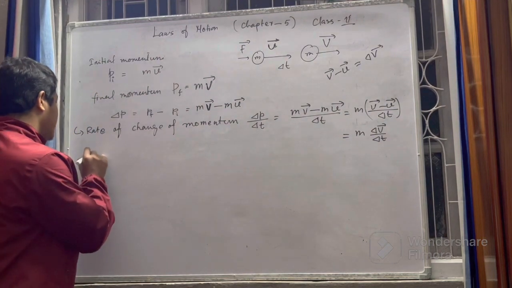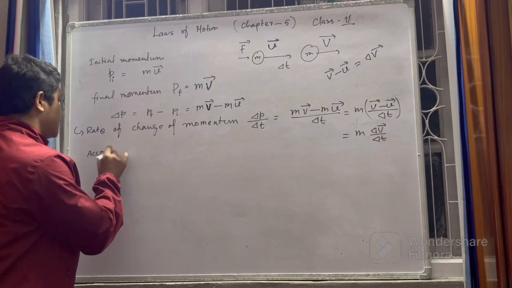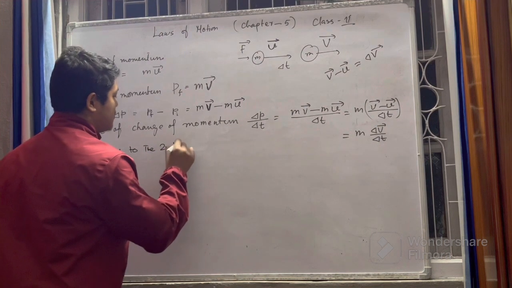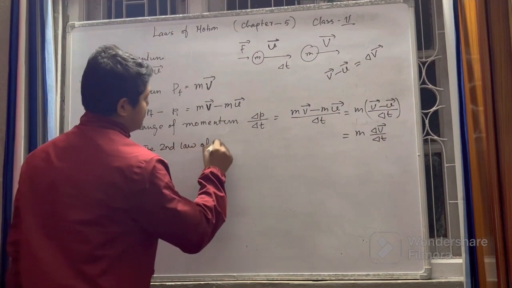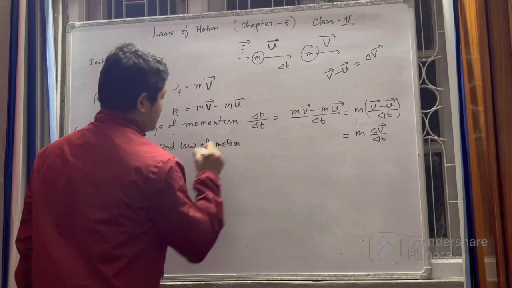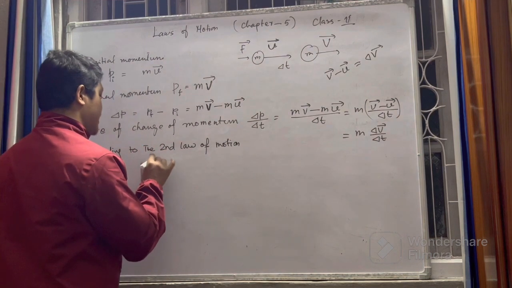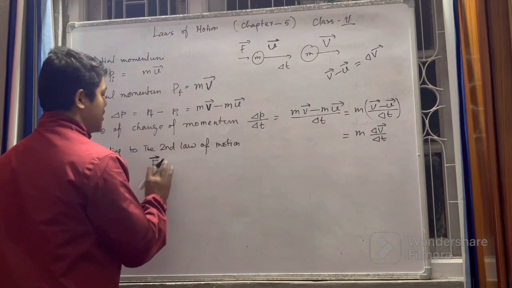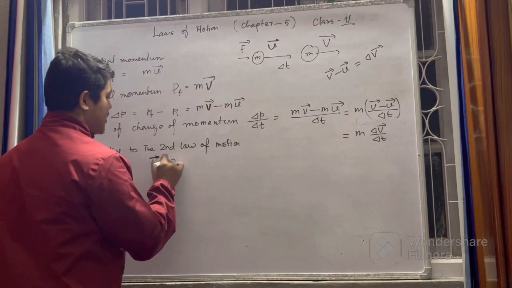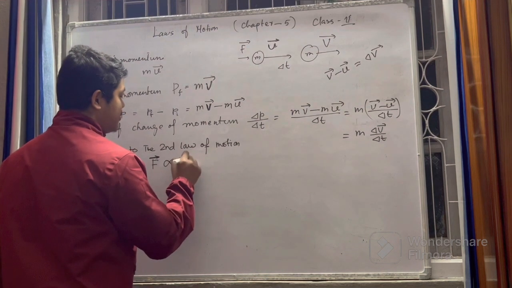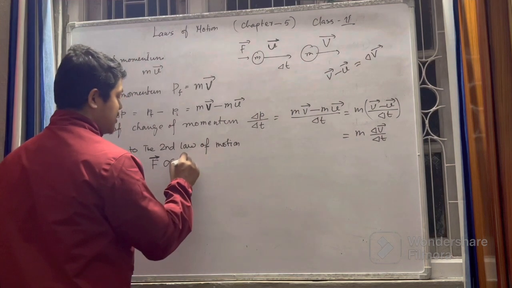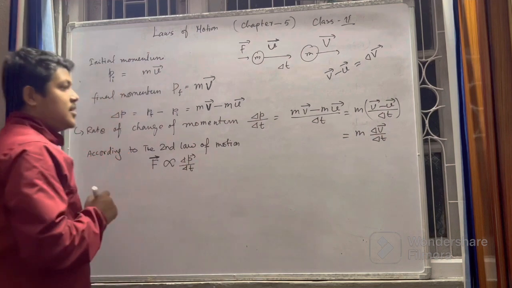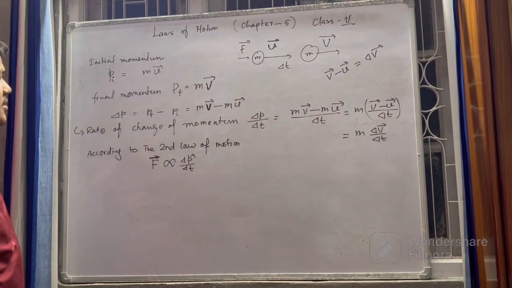According to the second law of motion, the force applied on the object in the direction of motion is directly proportional to the rate of change of momentum, that is del p by del t, right?